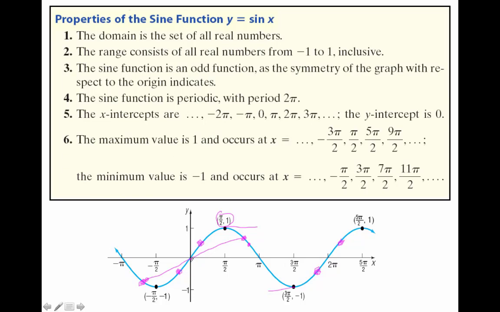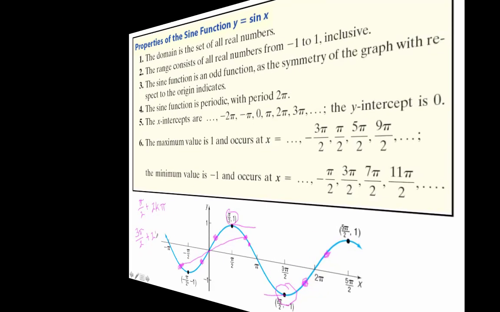Your y-intercept is 0. And your maximum value is 1, and that'll be at pi over 2 and any multiple of 2 pi above or below that. So pi over 2 plus 2k pi. That just says any multiple of 2 pi above or below that. The minimum value is -1 down here, and that's going to be at 3 pi over 2 plus 2k pi.